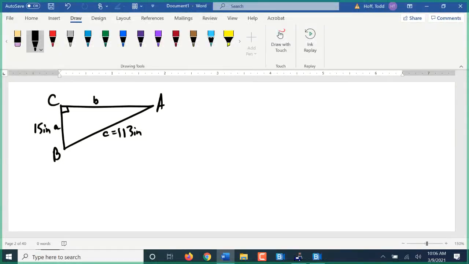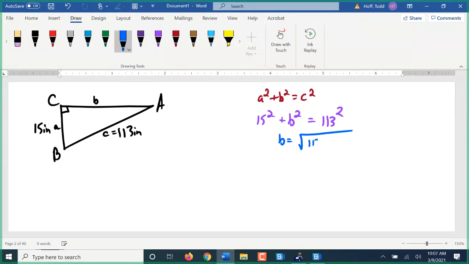Now, if I want to find side B, I could simply do a squared plus b squared equals c squared. A squared would be 15 squared, plus b squared, where b is what we're trying to find, equals c squared, 113 squared. So I'll rearrange my formula: B is equal to the square root of 113 squared minus 15 squared.